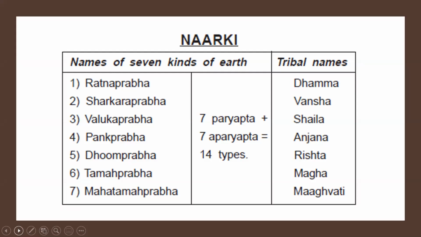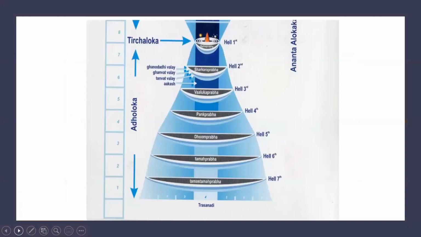Like the Dev Gati, the minimum Ayushya of the Jeevs in the Narak Gati is 10,000 years. So by default, all the Jeevs in the Narki will become Paryapt after the first 48 minutes. So there are 14 types of Jeevs: 7 Aparyapt and 7 types of Paryapt Jeevs in Narki.